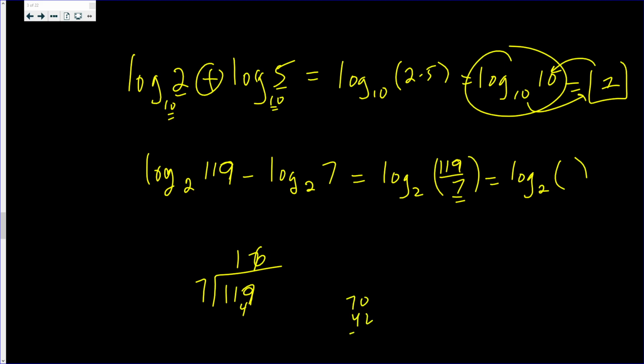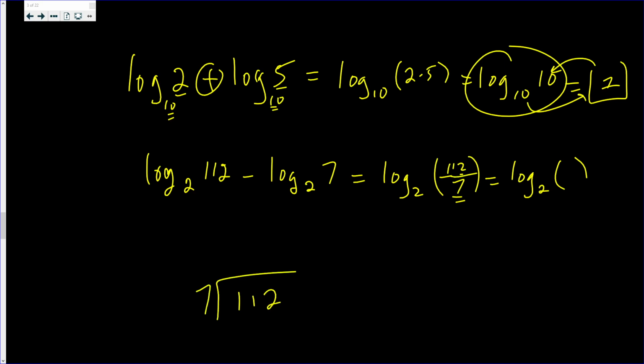70 and 42. Okay, I apologize. Let's make this number 112. When we do 7 into 112, goes 1 time, 4 left over, 6 times. So this is just 16.